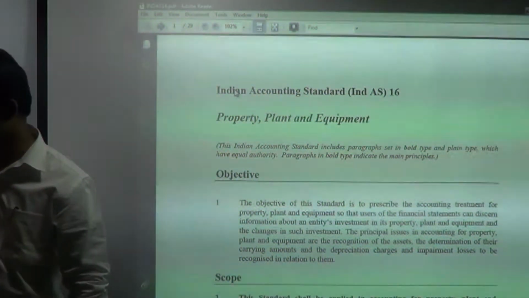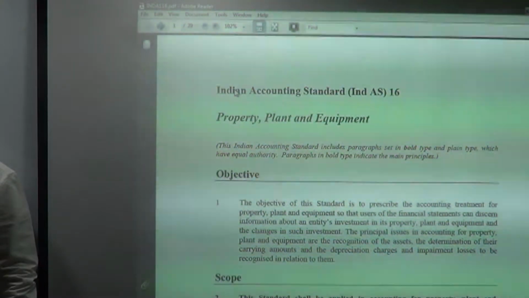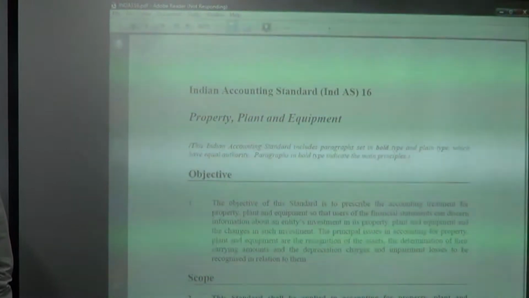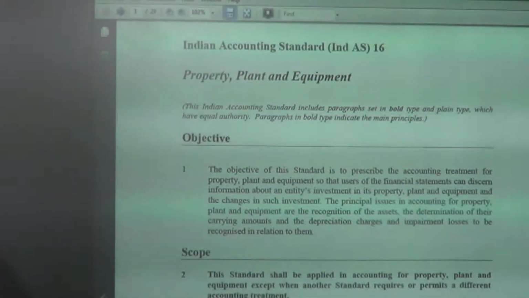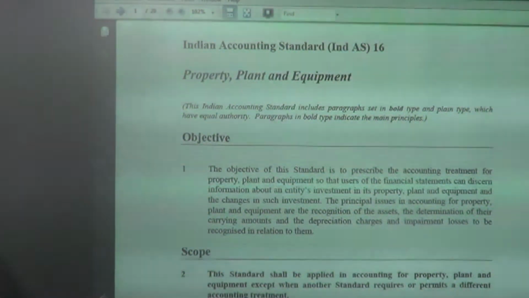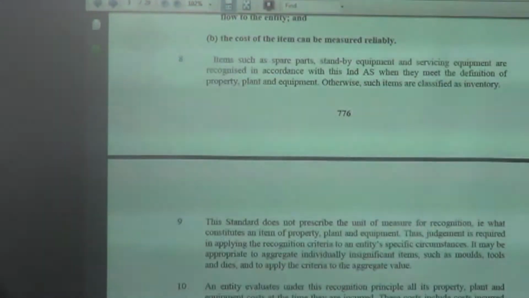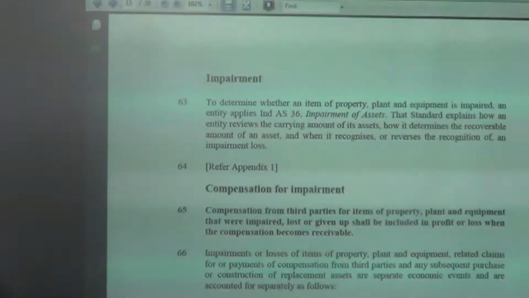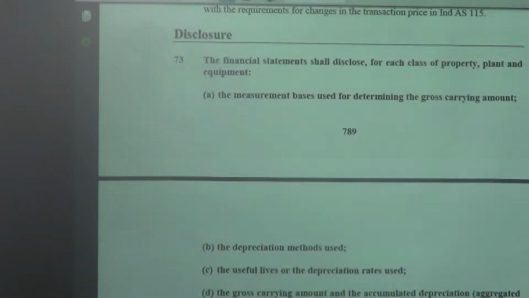Let us see the disclosures as required by Ind AS 16. Let us go to the disclosure requirements.